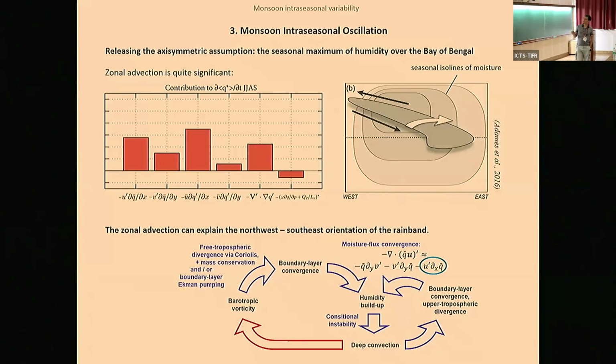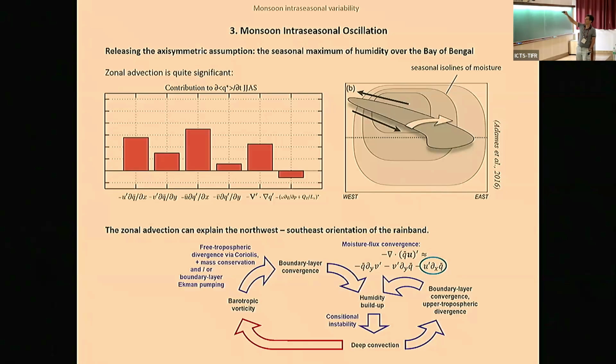Here you have the advection by the anomalous zonal wind interacting with the seasonal gradient. Here is the same thing, but in the meridional direction. Here is the mean wind advecting the anomaly in the zonal direction and in the meridional direction.